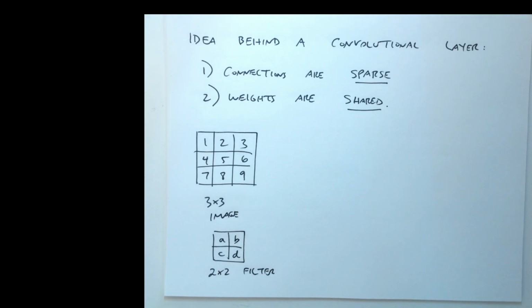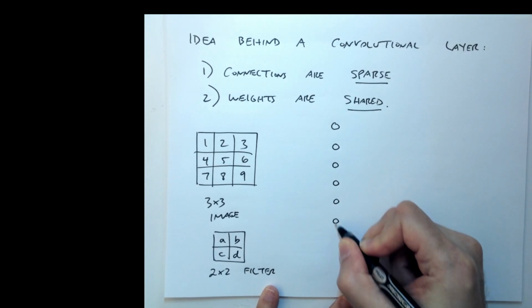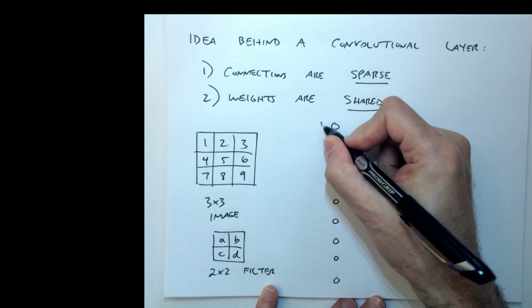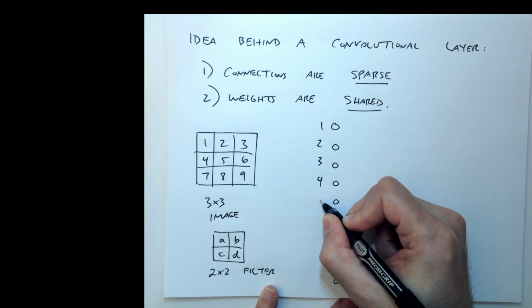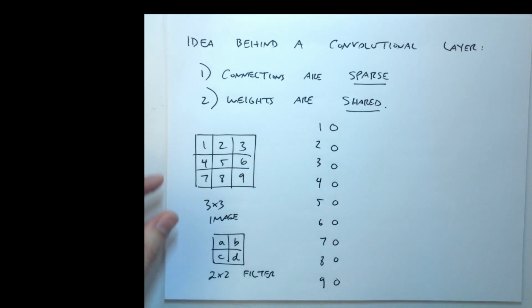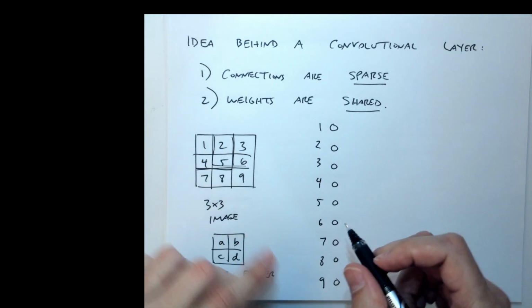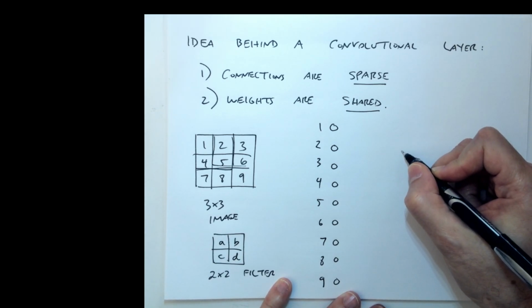What would the corresponding layer of a neural network look like? So I basically would have 9 input nodes. And if I think about filtering this image, there's really only 4 places that this tile can go.